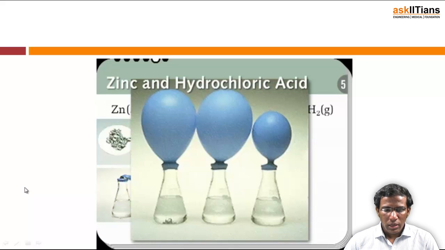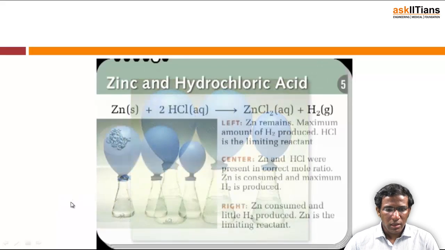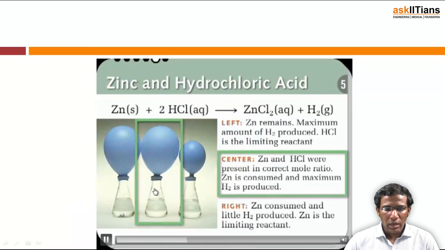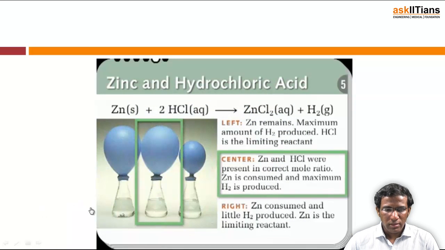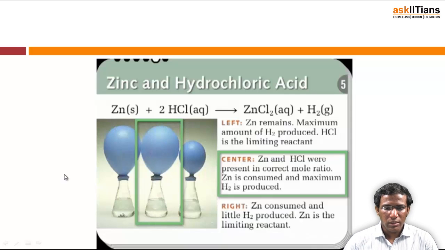Okay. So let's understand the concept of limiting reagent in this. Let's take the middle one. If you take the middle one, no amount of zinc is left out here, and the volume of the hydrogen gas formed is maximum.